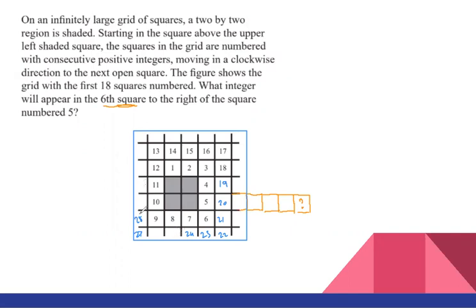Okay, let me see. 29, 30, 31, 32, 33, 34, 35, 36, 37, 38, 39. That's 40, 41, 42, 43, 44, and 45. Okay, this is something I have at least for now.